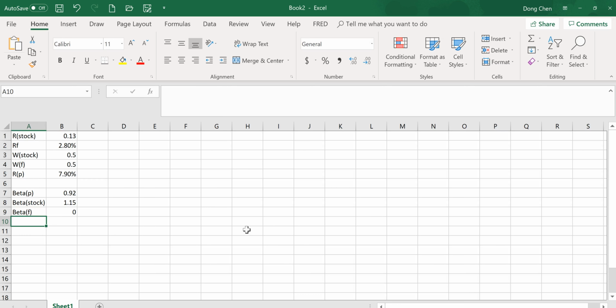The risk-free asset has a beta of 0. That's a known fact. And now we know that the portfolio beta 0.92 is a weighted average of these two betas. And the question here is, what is the weight of the stock?